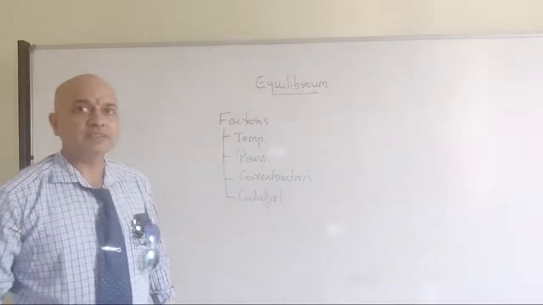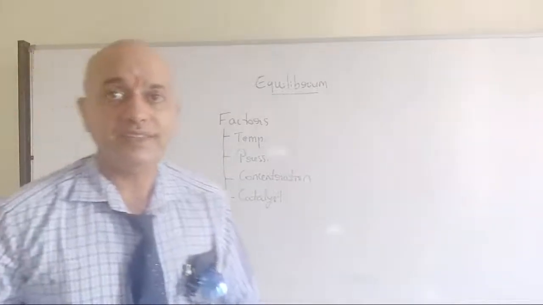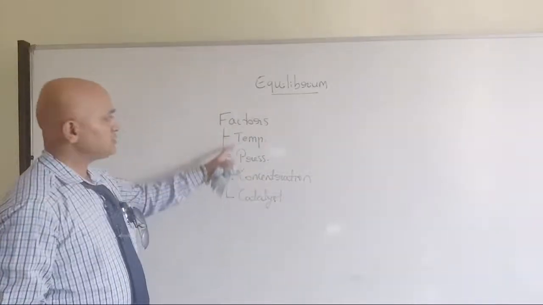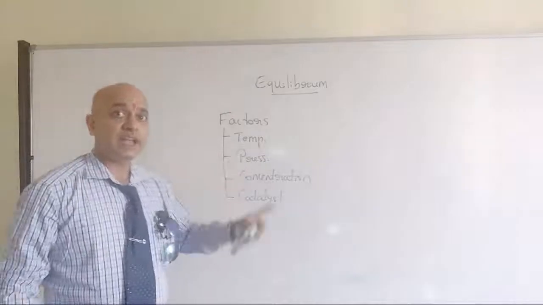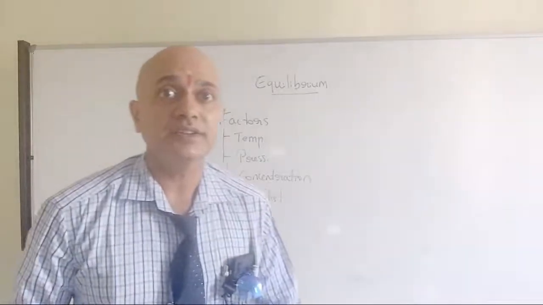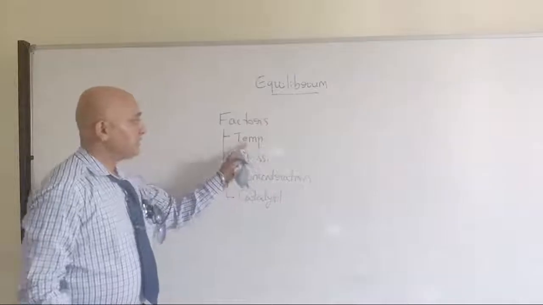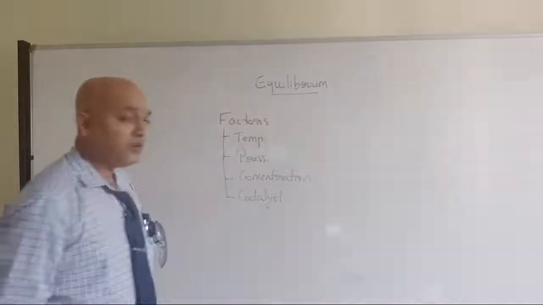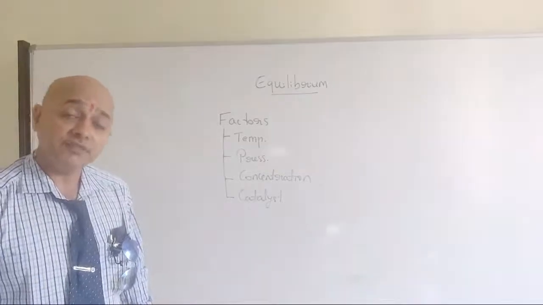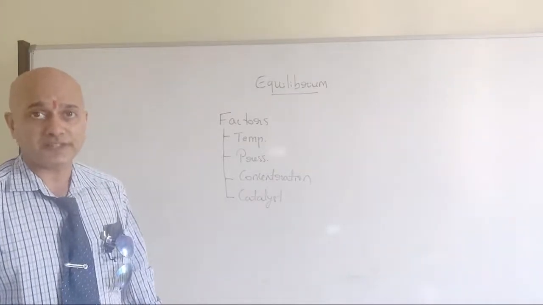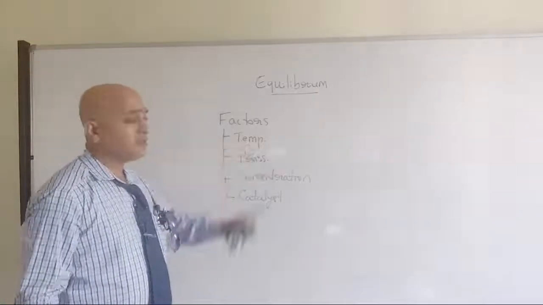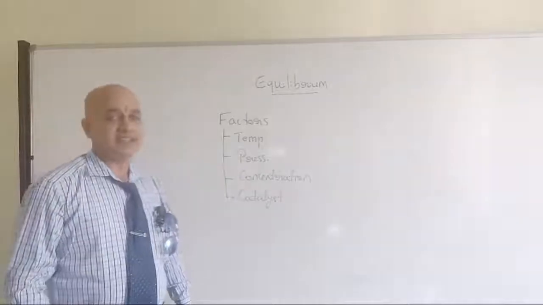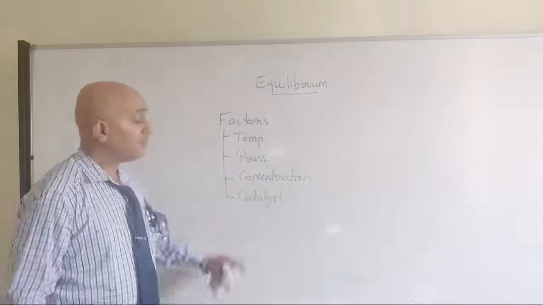So that's where we have the factors which affect the equilibrium of a reaction. When it comes to temperature, for an exothermic reaction, if you supply heat from outside, naturally it's going to decrease the reaction. For an endothermic reaction, if you supply heat, it will go in the forward direction.